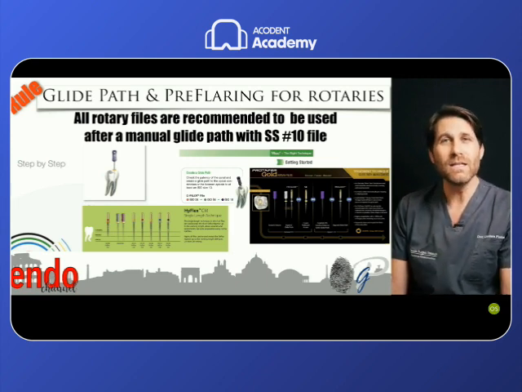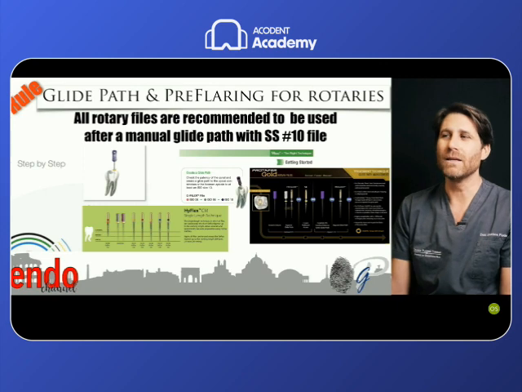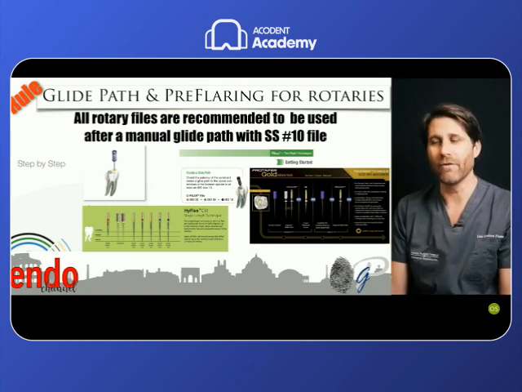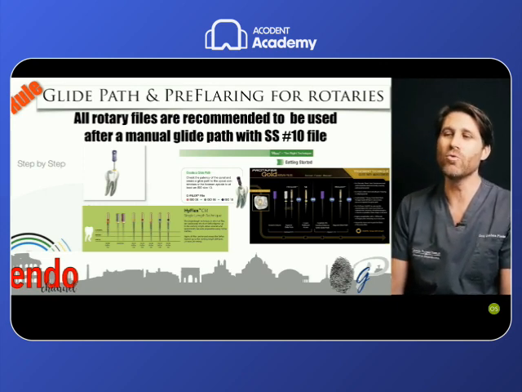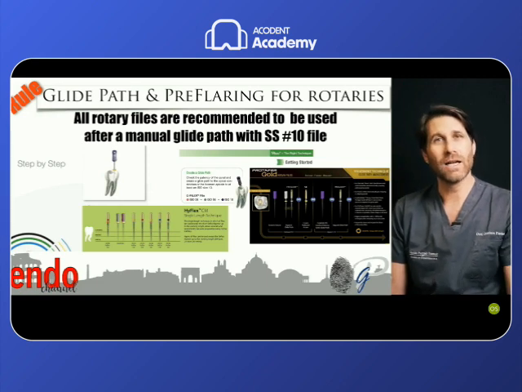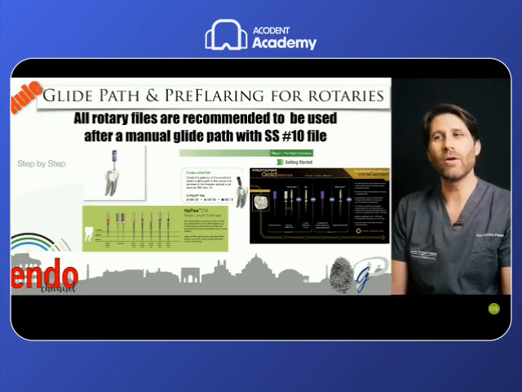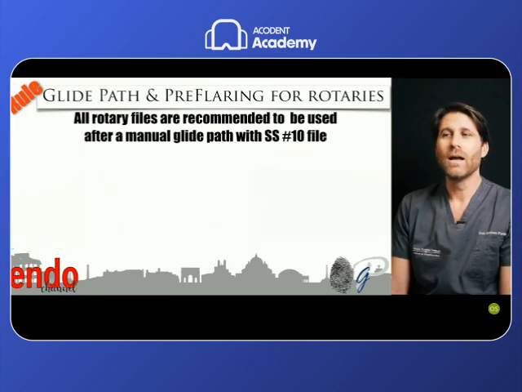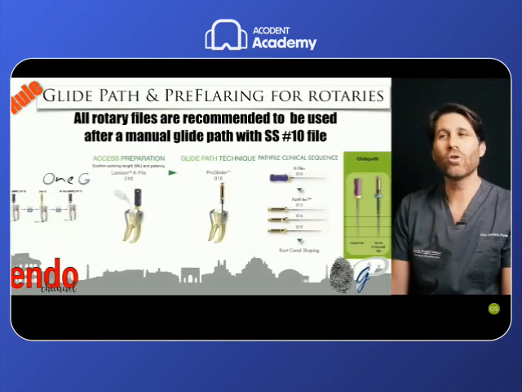If it needs an expanded glide path, that means we have to create a pre-flaring for these rotary files. But normally, usually today, all the rotary techniques just recommend a scouting with a 10 stainless steel file before using the first rotary file inside the root canals. This is true also for the so-called glide path files, glide path mechanical files.